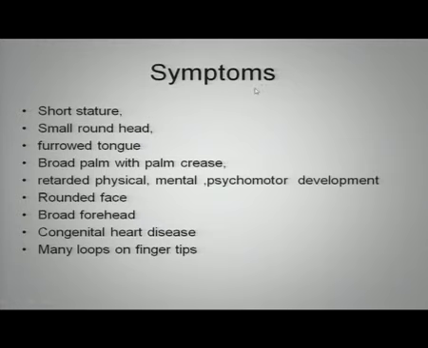Now, coming to the symptoms of this particular disease. What are the different symptoms? One is short stature. The other is a small, round, moon-like face and head. Furrowed tongue. They have a broad and flat palm with a palm crease.